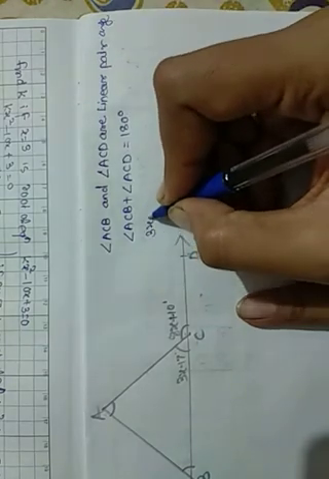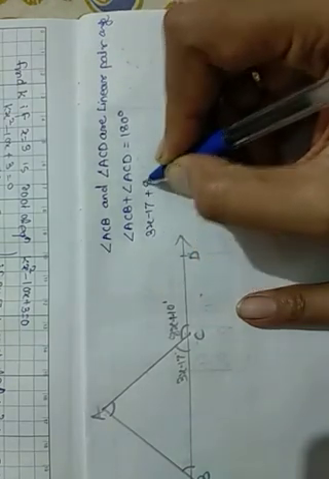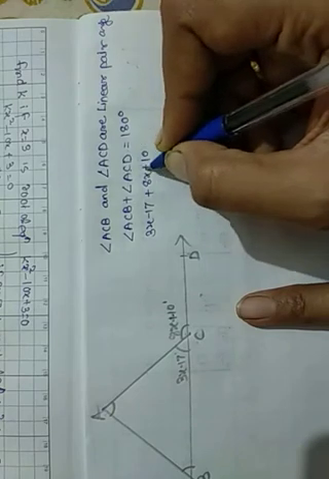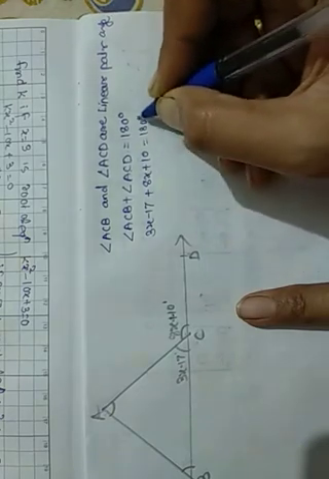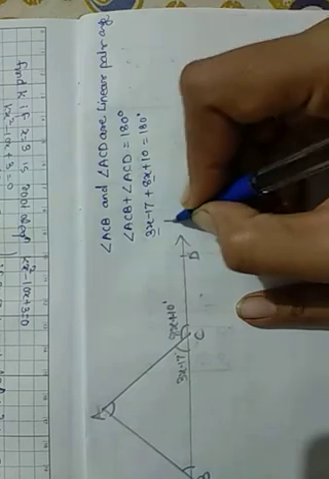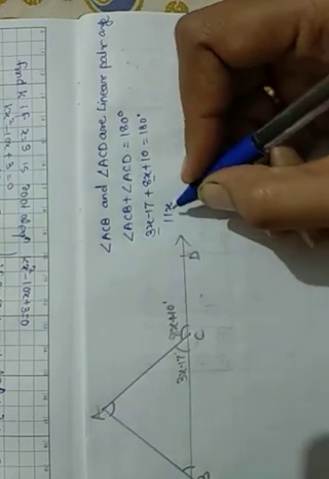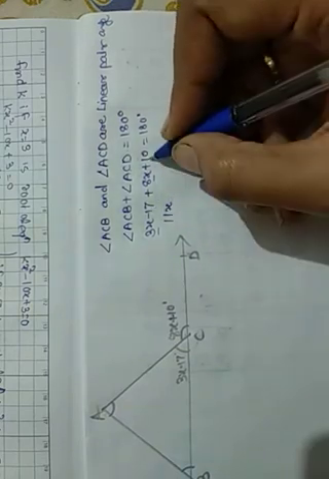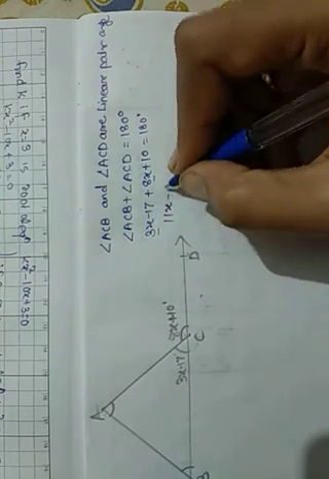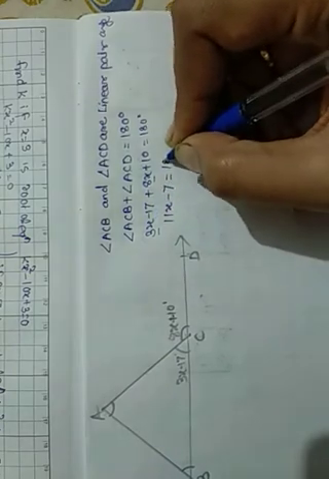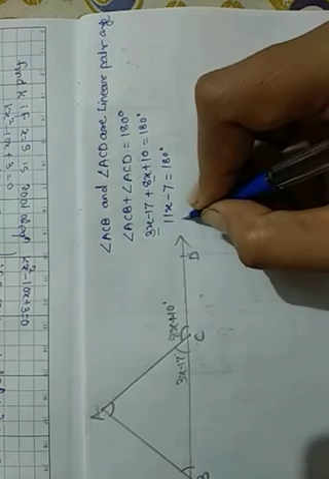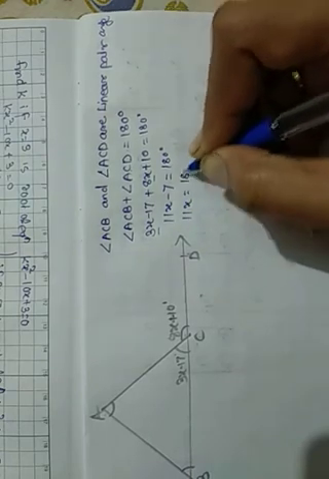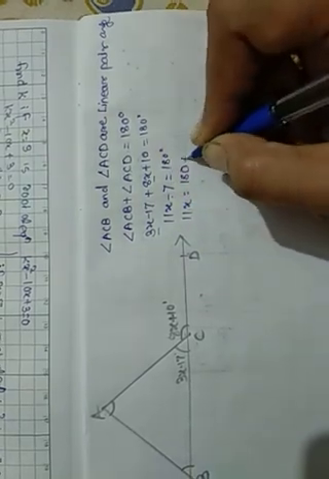So here 3x minus 70 plus 8x plus 10, put your values, is equal to 180 degrees. 3x plus 8x, that is 11x. 10 minus 70, that is minus 60... 10 minus 17, that is minus 7, is equal to 180 degrees. Now here 11x is equal to 180, this minus 7 becomes plus 7.